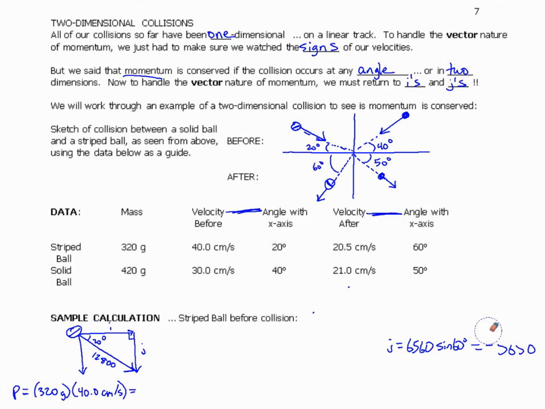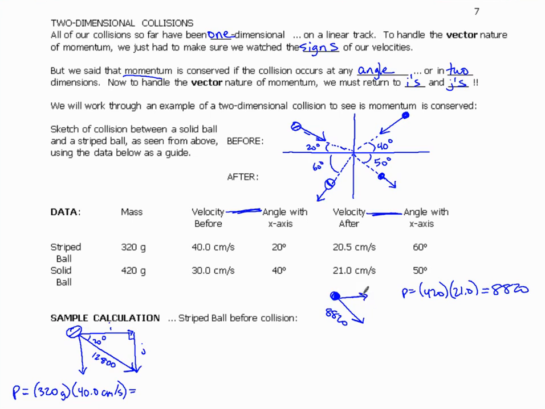And one more time for the solid ball. Here's the solid ball. Its momentum. We want to know horizontal. We want to know vertical. And this angle is 50.